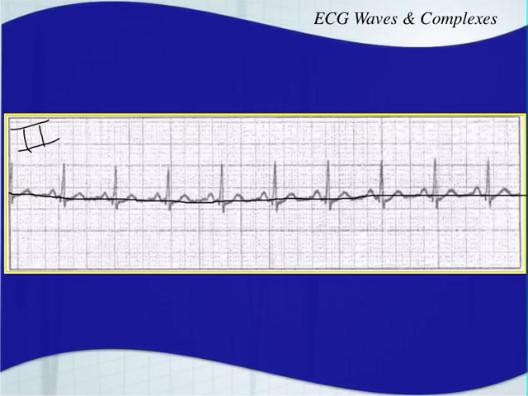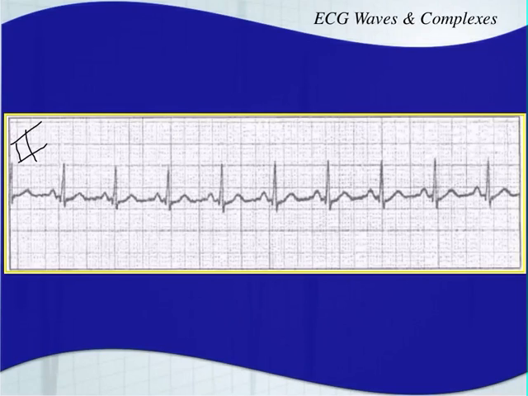Everything on that line would be considered isoelectric, meaning it doesn't have any positive or negative charge occurring. Anything above it would be considered a positive deflection, and anything below it a negative deflection. If you remember when we talked about leads, bipolar leads like leads 1, 2, and 3, again this is lead 2, they have a positive and a negative electrode.